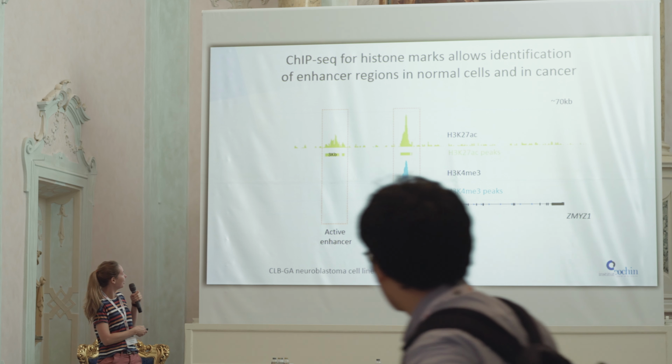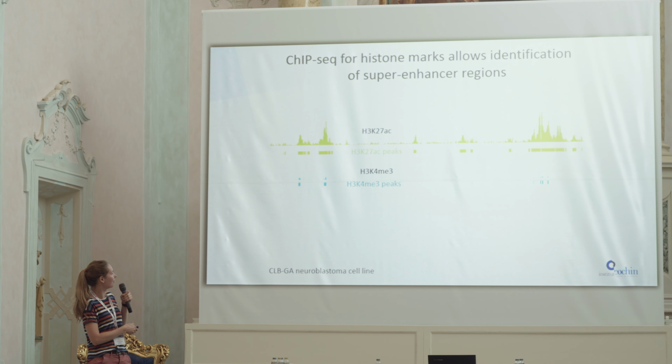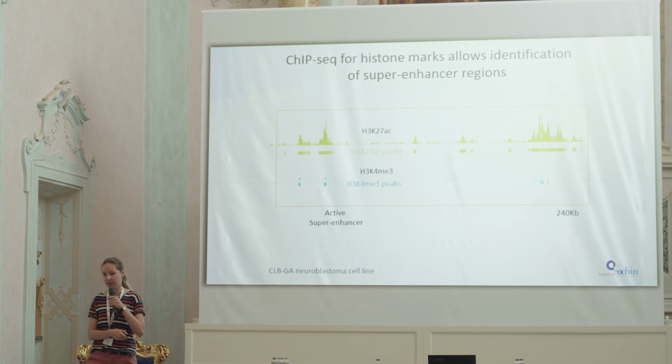And quite some time ago, Rick Young and Richard Young's colleague James Bradner discovered and named another type of enhancers that they called super enhancers, which are much wider regions, having lots of K27 acetylation and having very strong regulatory potential. So here I'm showing you an example of a super enhancer, which is 240 kb long.